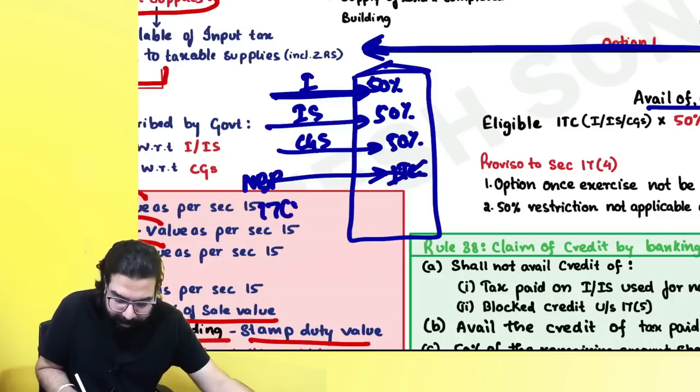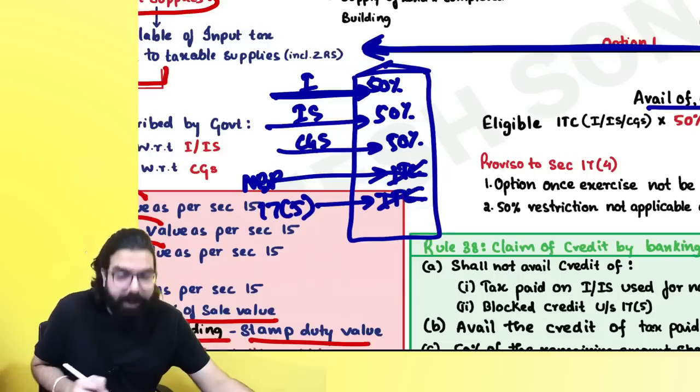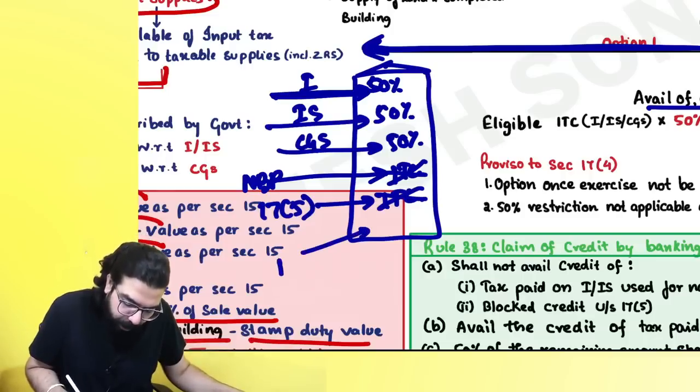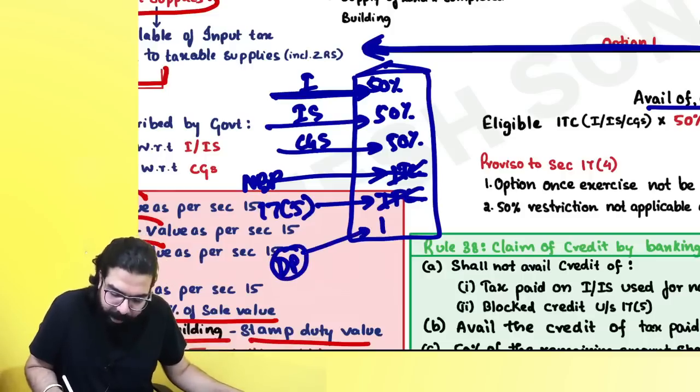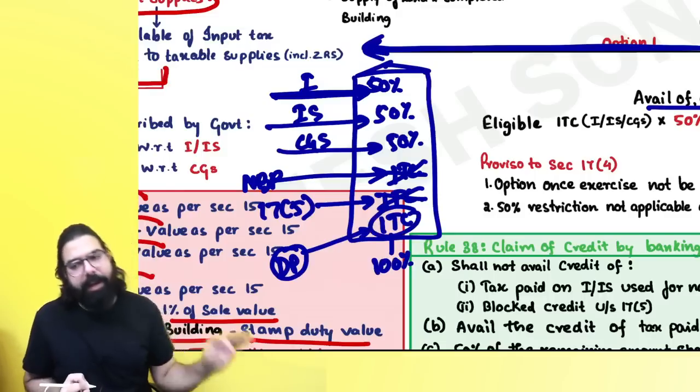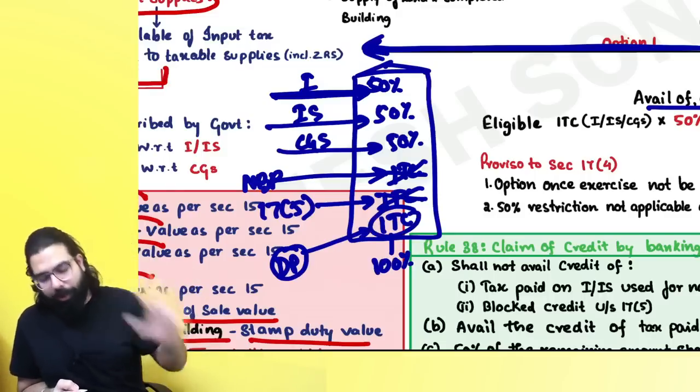If you buy anything on which credit is blocked, you will not get the input tax credit. Then the next one is, if you are taking any inputs and input services from a distinct person, you can take 100% ITC. That is what is being told over here.